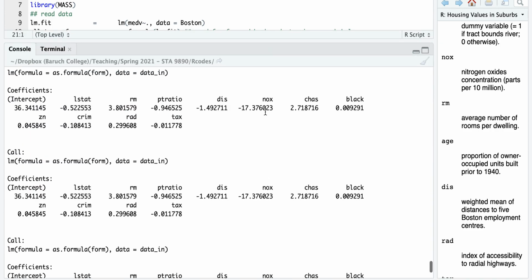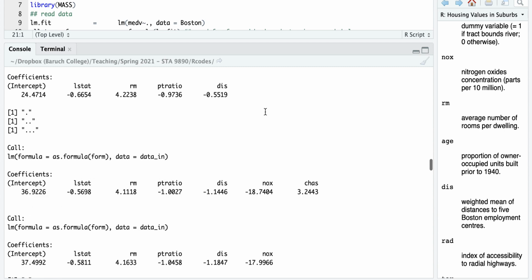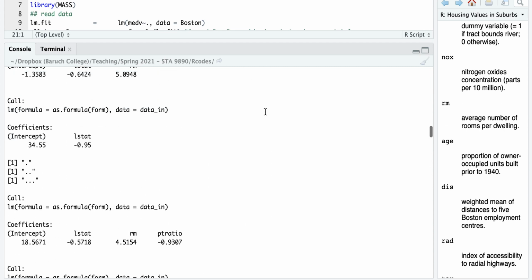So I just run it and then we can look at it.